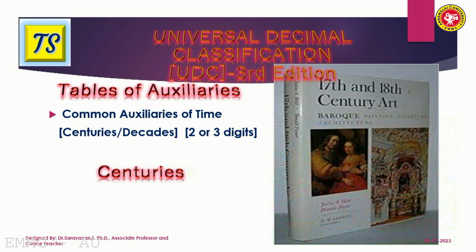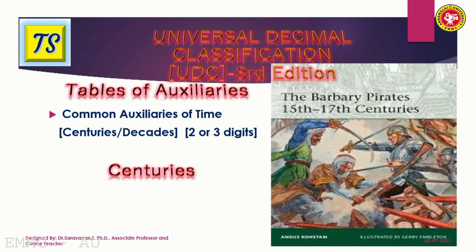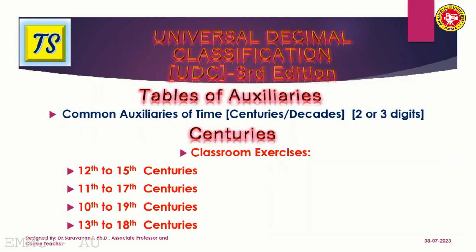Another real-time example, the Barbary pirates, 15th to 17th centuries. In addition, some other exercises are also available here for your welfare. So take your own time and try to convert it into century formats.